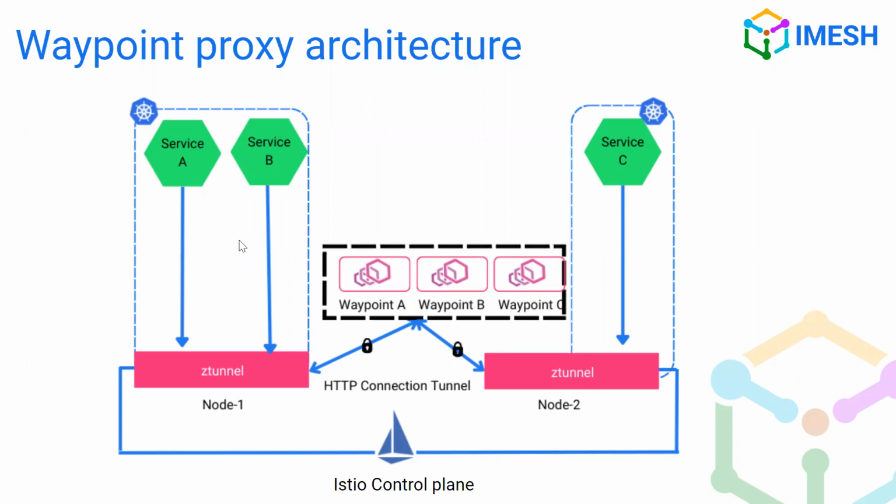Only level 4 processing or security will be achieved through Ztunnel. That's the biggest advantage ambient mesh is bringing to us in microservices, and the infrastructure cost will come down drastically with this.